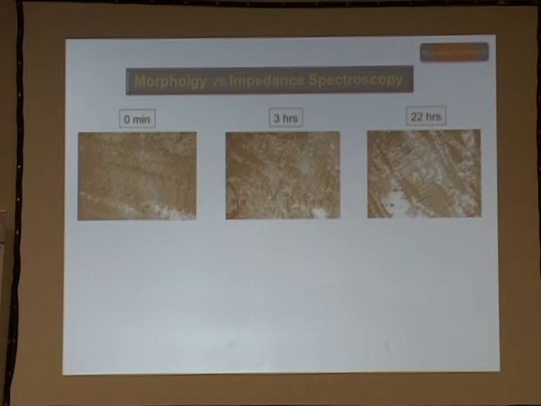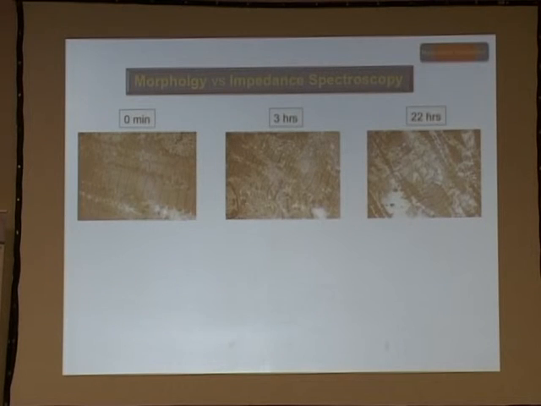And here you see morphology immediately after having harvested the neonatal heart, this is one case, after 3 hours and after 22 hours. And it is obvious the area of the light areas increases.